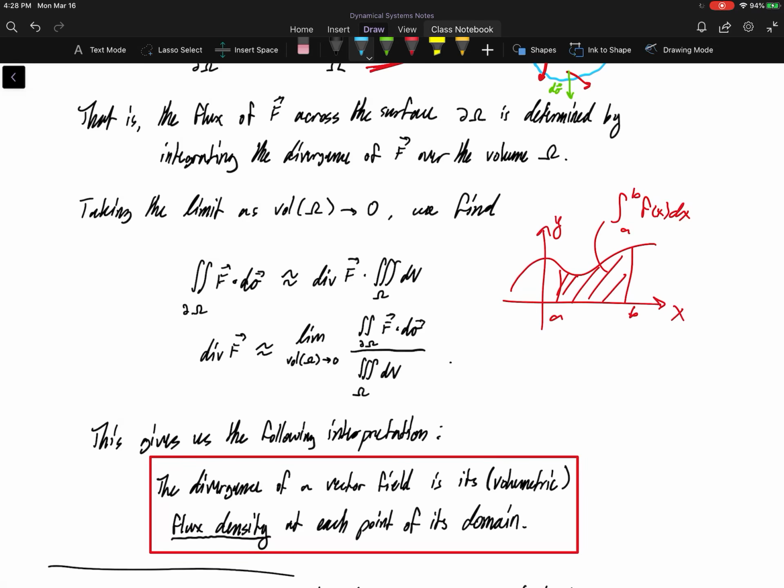But if I zoom in close enough, this piece becomes a very shallow region over a very, very small delta x. So I can effectively just take some representative value for f, f of x star. Don't confuse that with a fixed point, but f of x star would effectively represent the height. So this is effectively the area of a true rectangle if I zoom in close enough.